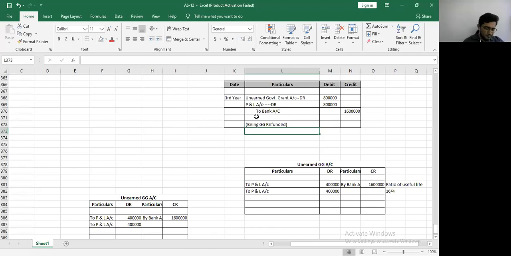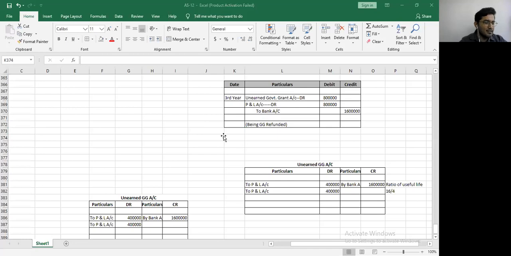Okay, let's do the last part of the question. What will be the value of your asset? Now, everyone on your chat box, if I talk about the income approach, do we at any place affect the value of the fixed asset? Do we change or alter the value of the fixed asset in the income approach? No. So the value of the fixed asset will not be affected over here.